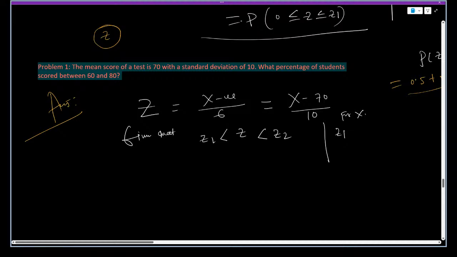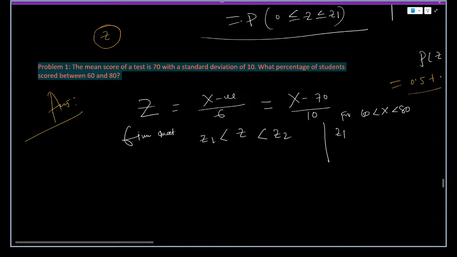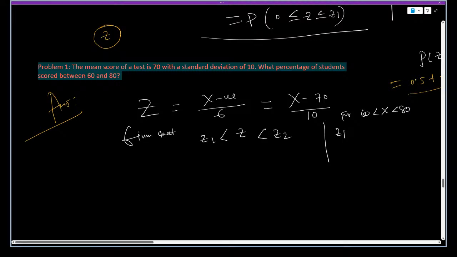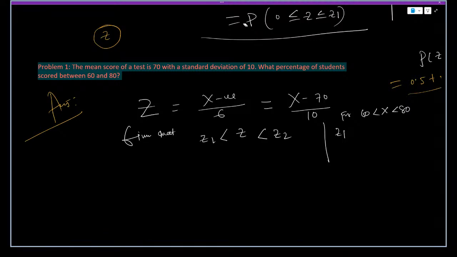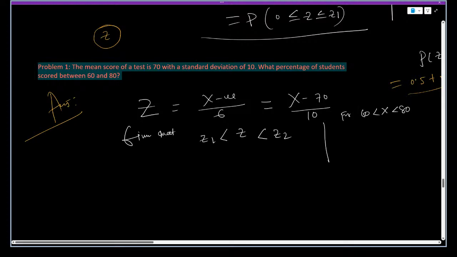X lying between 60 and 80 is given; that is not the value of Z. We need to get Z. For x greater than 60 and less than 80, you subtract 70 from both sides.